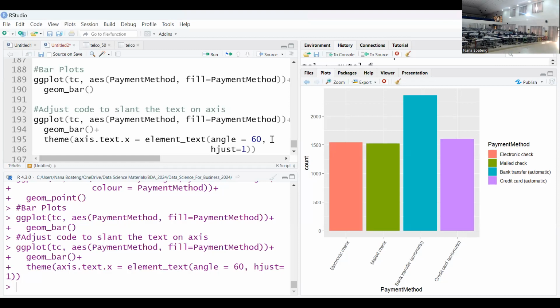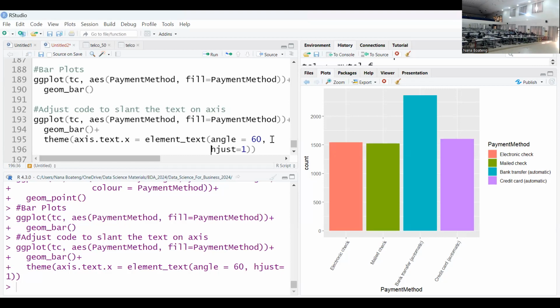The color will give you the color at the outline of the object, while the fill will give you color inside the object. So here, if you use color, the whole thing will be white, and just the borders of it will be colored. But that's not what we want. We want the inside to be colored. So based upon what you are doing, sometimes you need to use color, sometimes you need to use fill. So you need to know when.